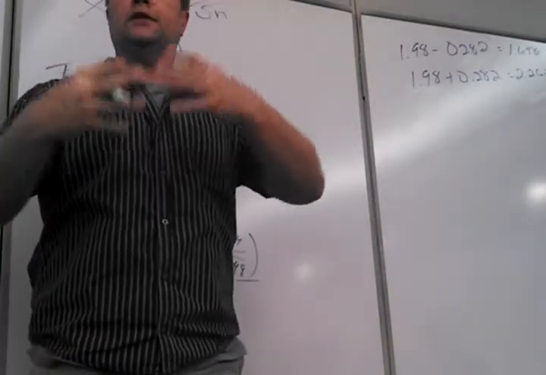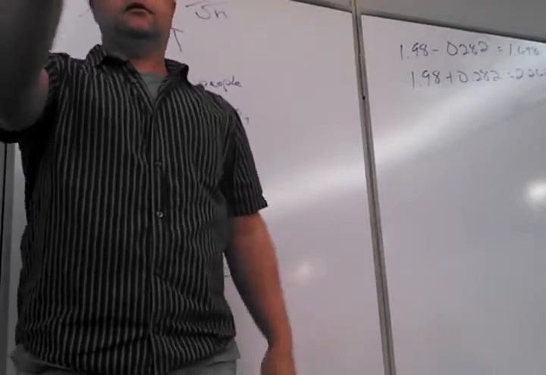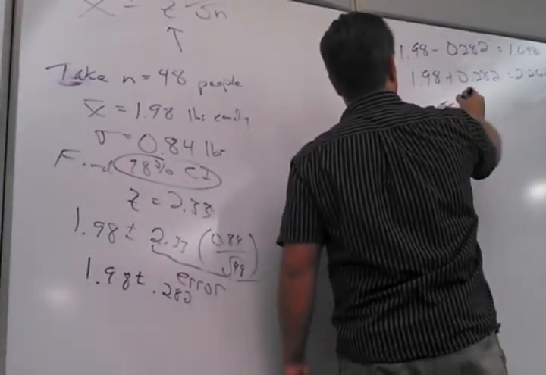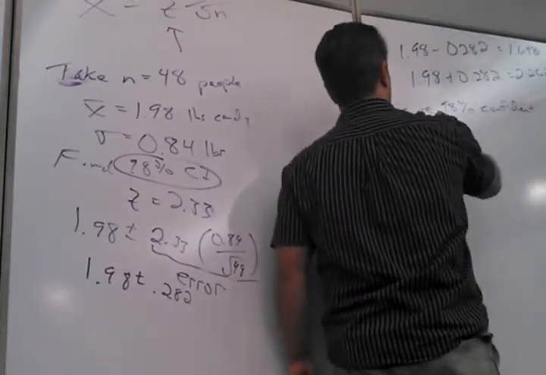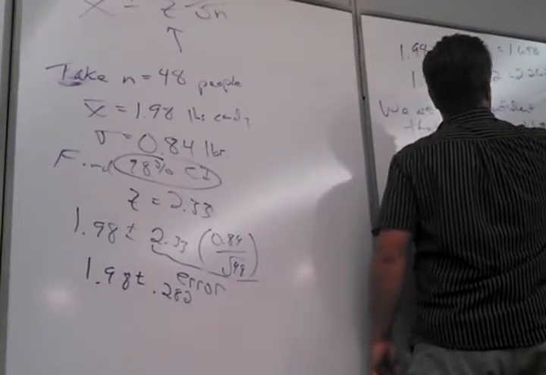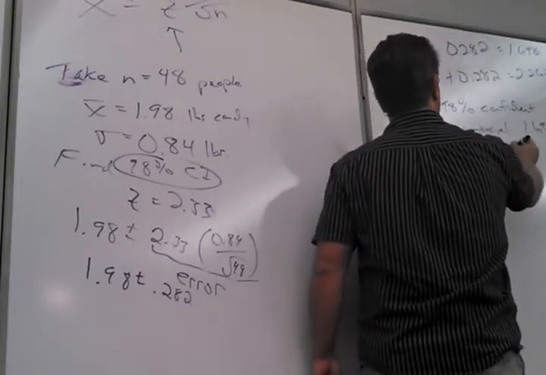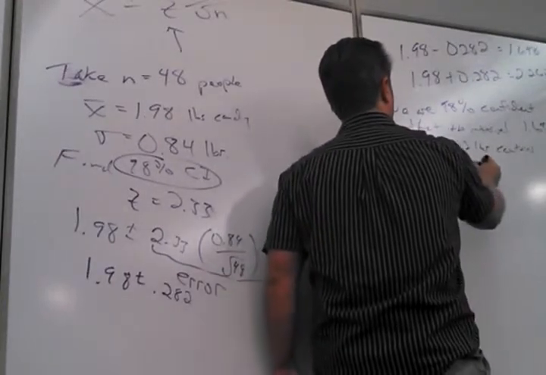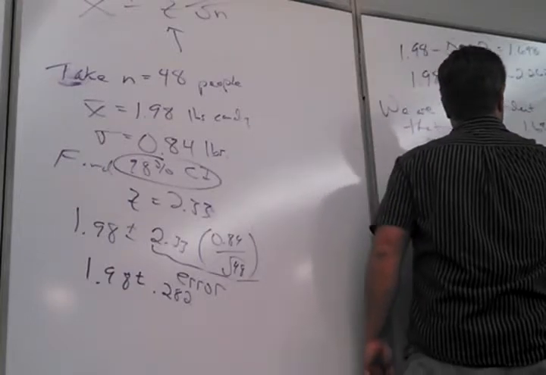And then how do I say this at the end? The little statement I have to make. Yeah, good. We are 98% confident that the interval 1.698 pounds to 2.262 pounds contains the true mean candy weight.